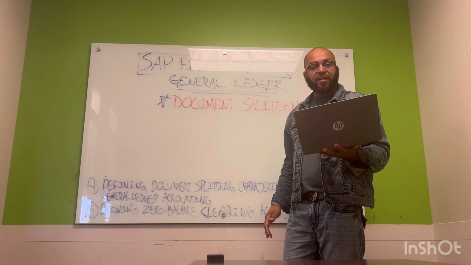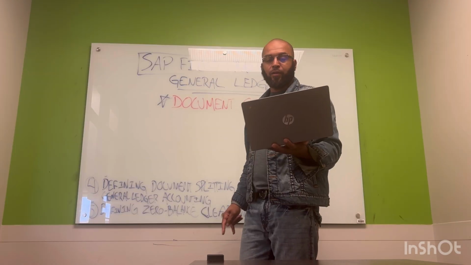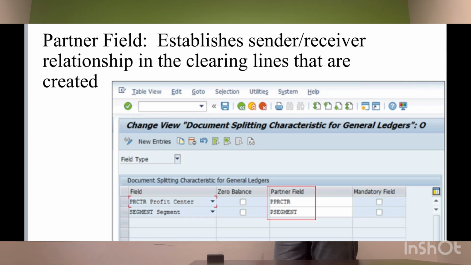This zero balance column. When selected, the system checks if balance is 0. If not, it generates additional clearing lines in the document. Next column. Partner field. It establishes the sender-receiver relationship in the clearing lines that are created.